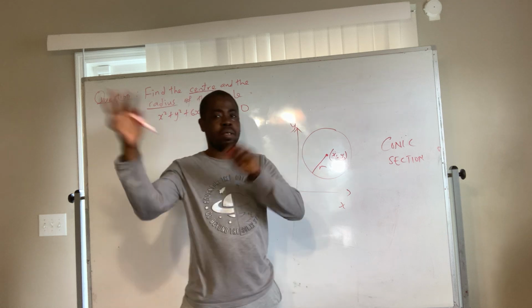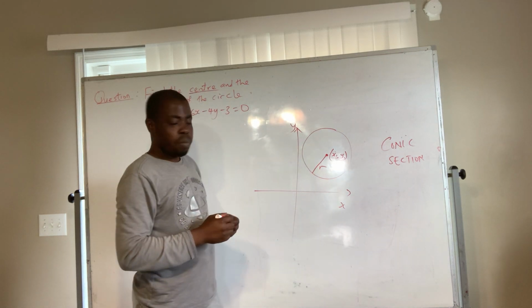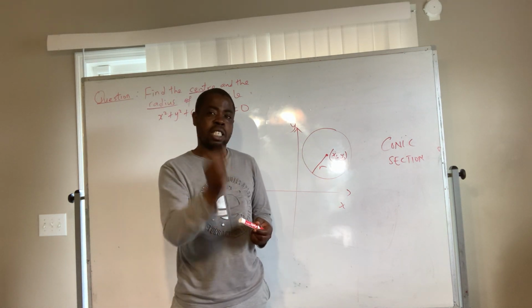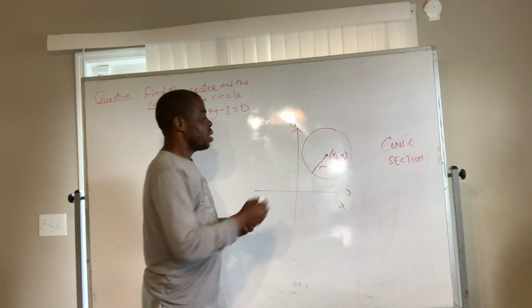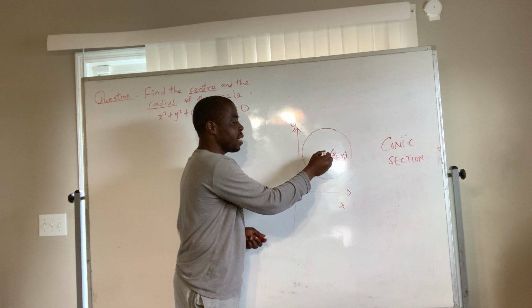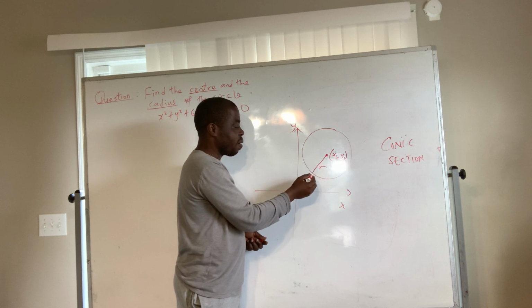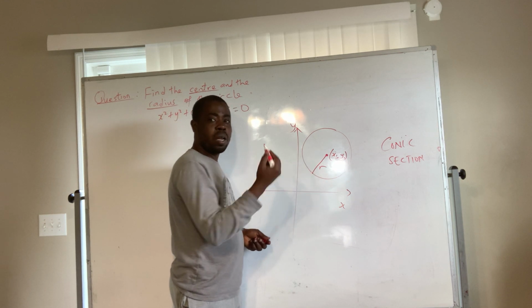You can have many points, right? But for a circle, there's a special point called a center. The distance between the center and the circumference of the circle is called a radius.